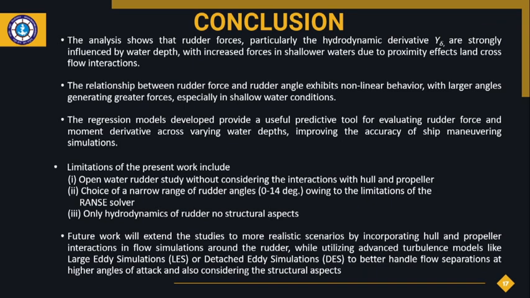Then there is the choice of a very narrow rudder angle, 0 to 14 degrees, because of the limitations we had on the RANS solver. And we have only considered the hydrodynamic forces. We have not considered the structural deformation the rudder goes through in shallow waters.